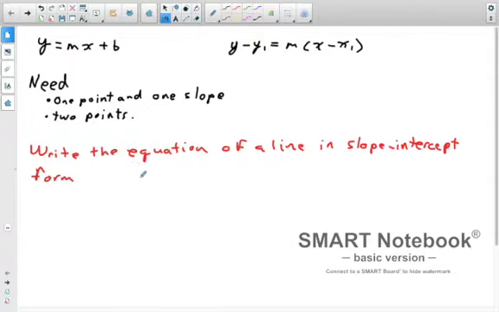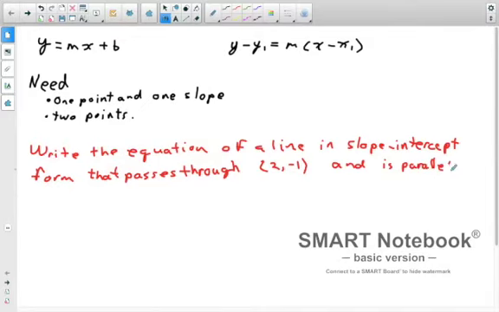So we're going to write the equation of a line in slope-intercept form that passes through the point (2, -1) and is parallel to y equals 7x plus 1.